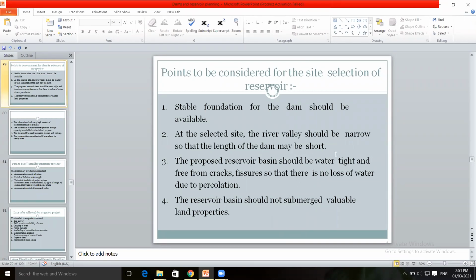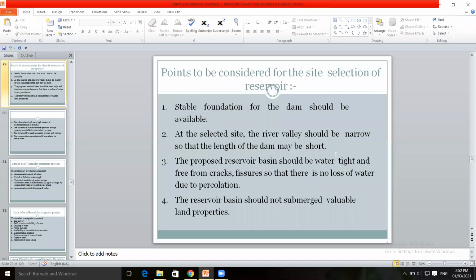So the dam site should be selected in such a way that the river valley should be narrow enough and it should fulfill the requirement and objectives of the dam construction. Length of the dam should be short, depending upon the purpose it serves.